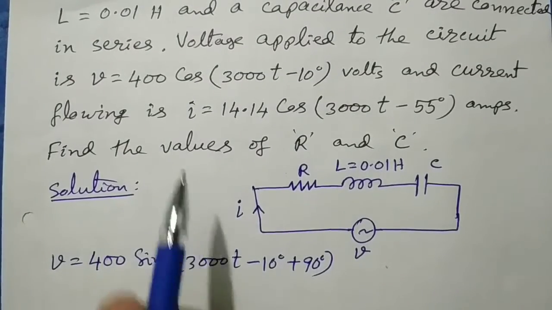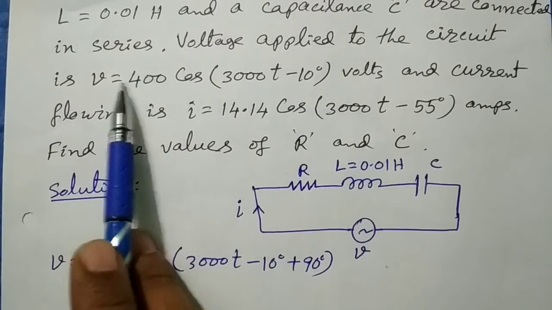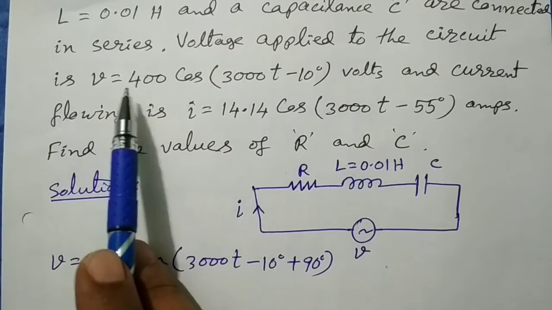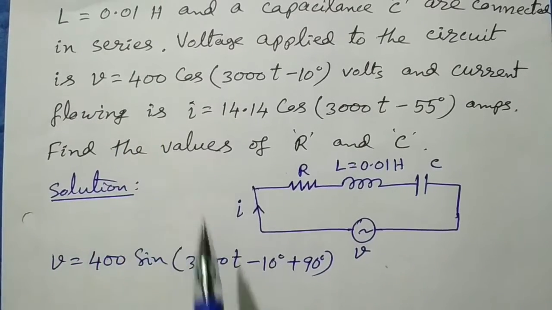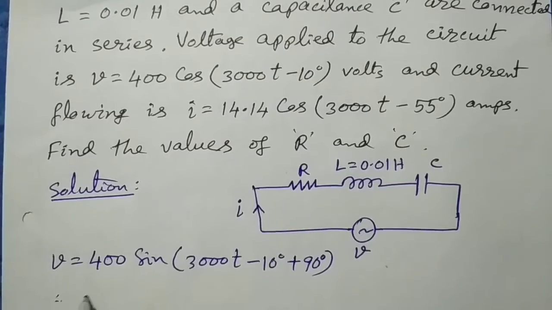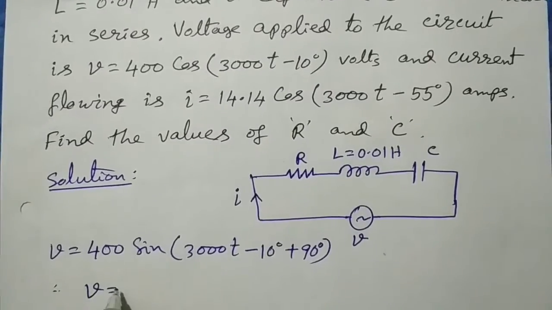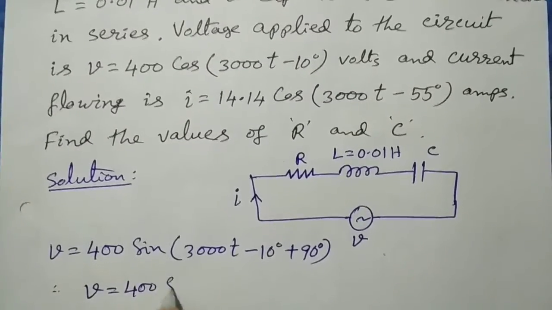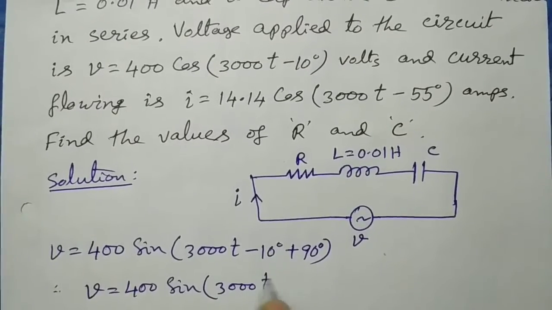As we know, if there is a positive sign before the cosine term, then when we change to sine, we have to add 90 degree. Therefore, the voltage will be 400 sin(3000t plus 80 degree).